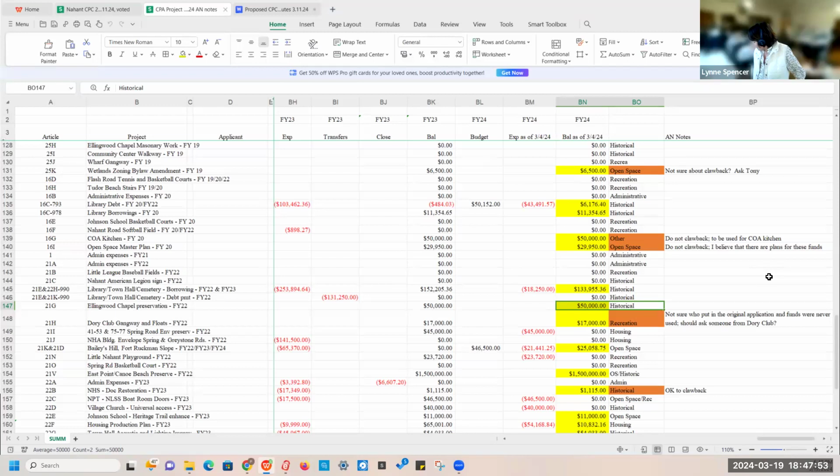So I've got to go back and look at the application and the motion to understand what it really was for. I imagine it has something to do with the interior. It may be general enough. No, it has to do with leaks and the roof and the impact on the interior.